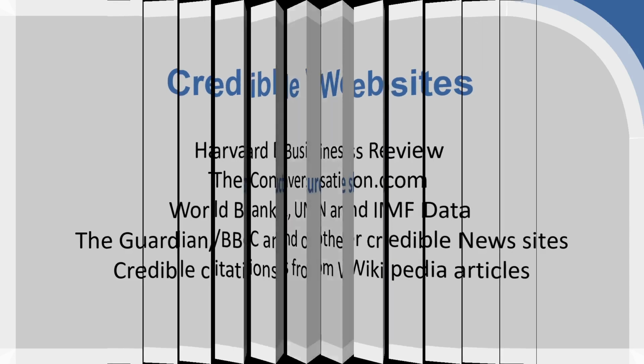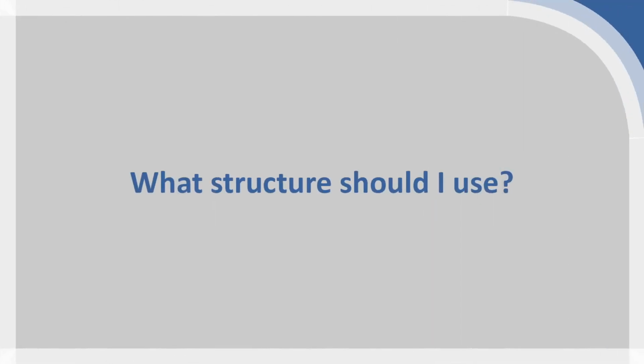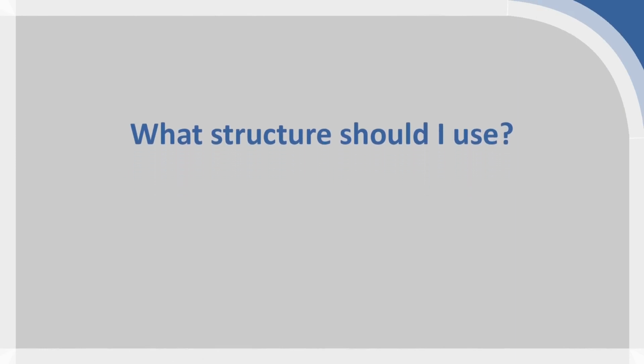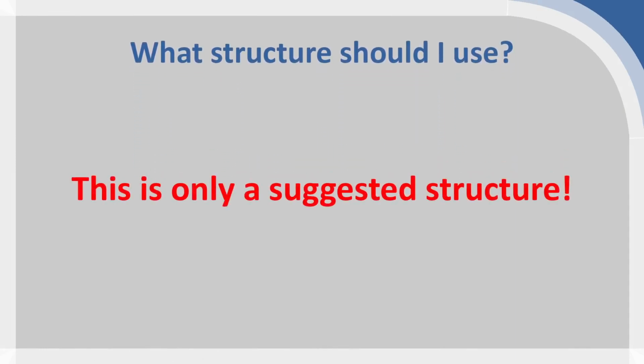So if we move on to the fourth area, which is what structure should you use, I really have to flash up a big warning sign here that this is really just a suggested structure. It's one that may work for some of you. For others, you may think, well, actually, the argument that I want to make would benefit from being structured in a different way.